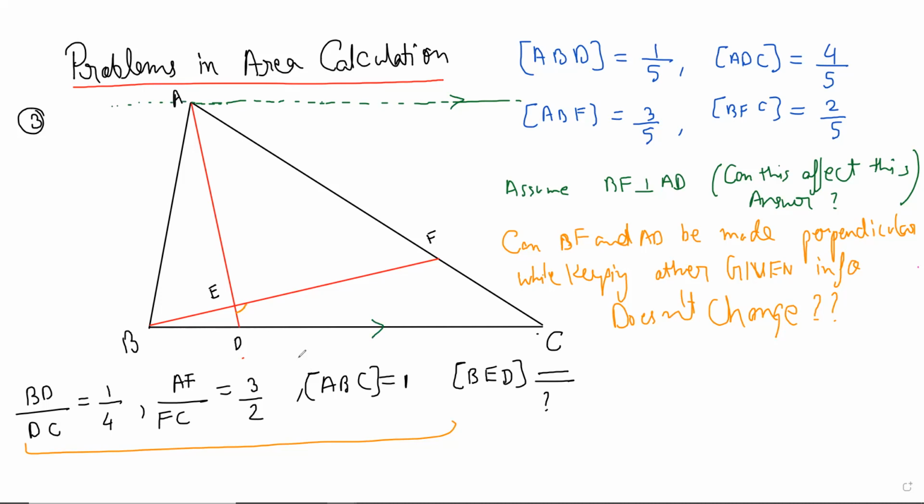Can we use that as leverage to reason that you can go to a case when AD and BF are perpendicular and the other information has not changed? Can I move the triangle so that the other information doesn't change, but the lines become perpendicular? You mean increase or decrease the length of the sides?